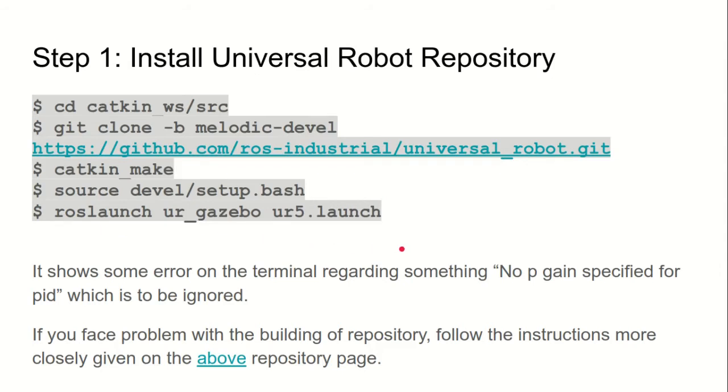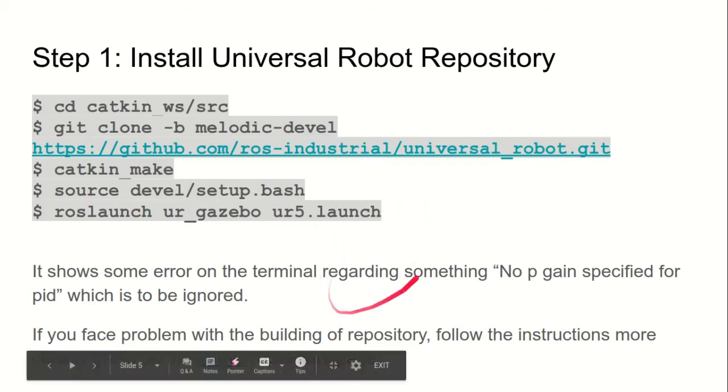There is more information on this Git page in case you run into problems while building this package. It may require installing some additional packages, which you can do by running the rosdep command.